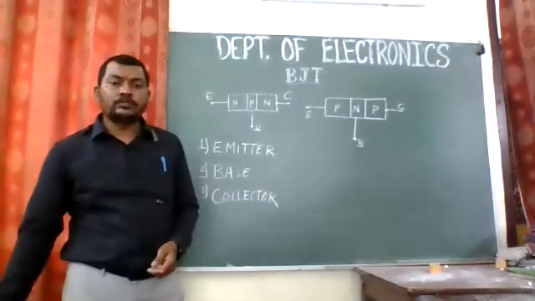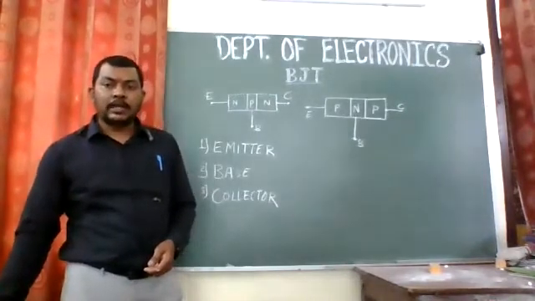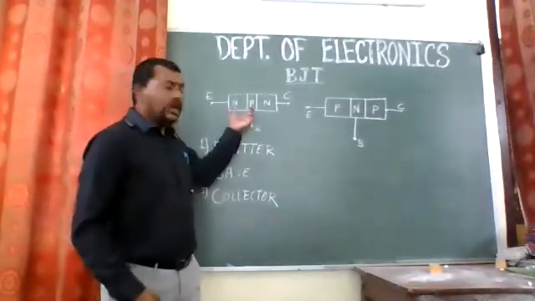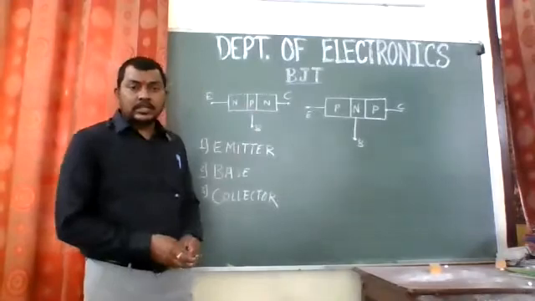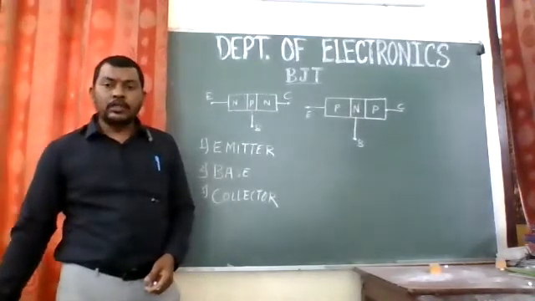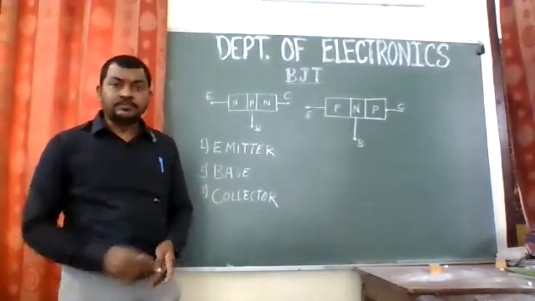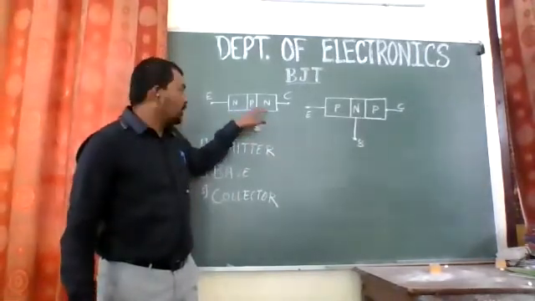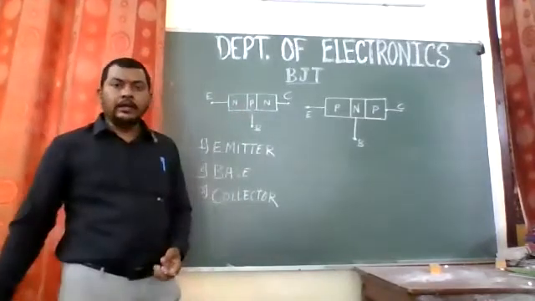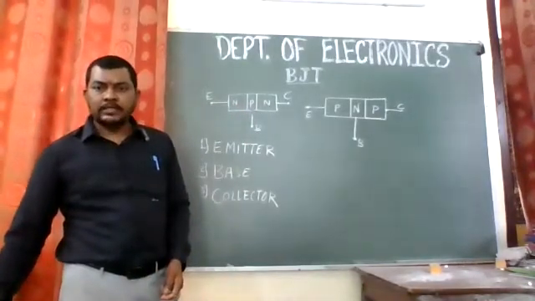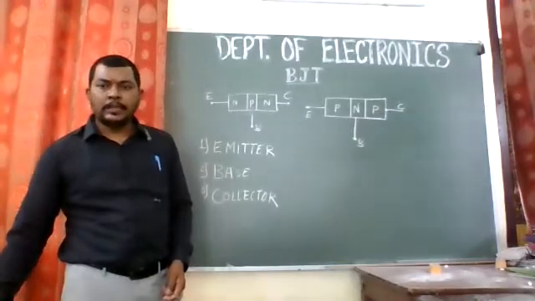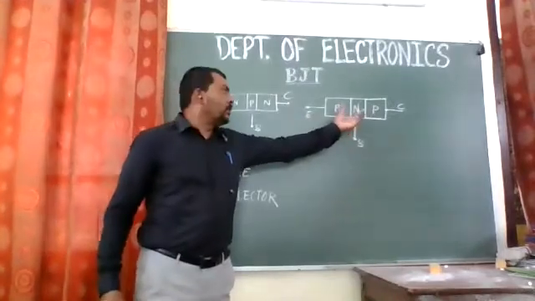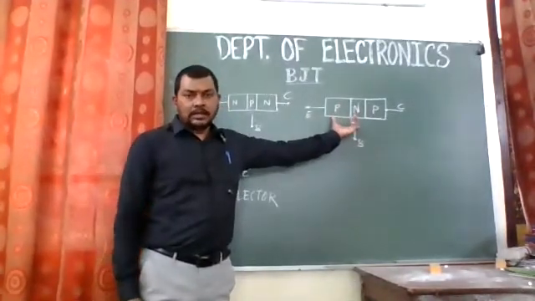In NPN, we are sandwiching P type semiconductor between two N types, and on the other side we have the PNP transistor, where the N type is sandwiched between the P type semiconductor.